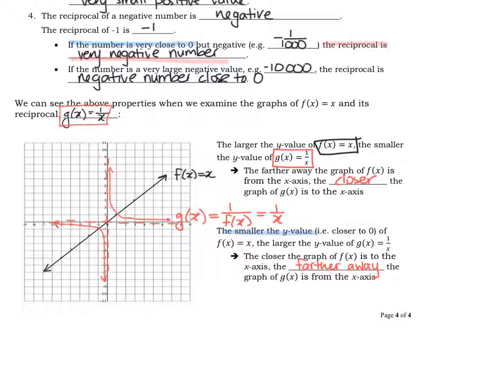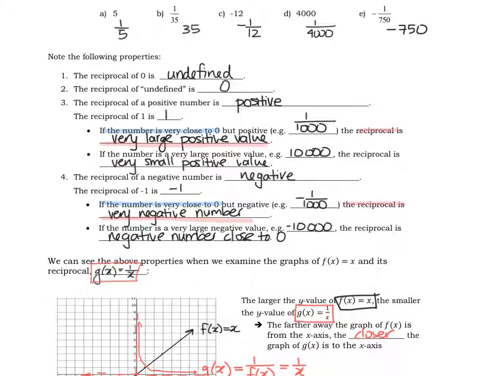The smaller the y value, meaning closer to 0, that means the farther away the graph of the reciprocal is from the x-axis. And then here, when we see that the original value, f of x, is a very large positive or very, very negative value, then that means the reciprocal will be very close to 0.